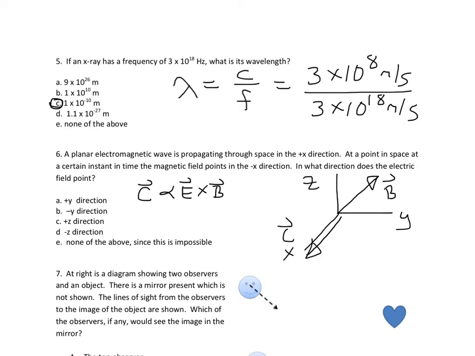And what direction is the electric field? Now, we know that the electric field cross the B field should give us the propagation direction, but if you look at this, you see that these are in opposite directions. The angle between them is 180 degrees. Now, in a cross product, the answer is perpendicular to either of the two vectors that are put into the cross product. So this combination of directions is actually impossible.